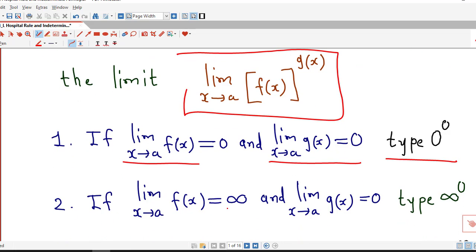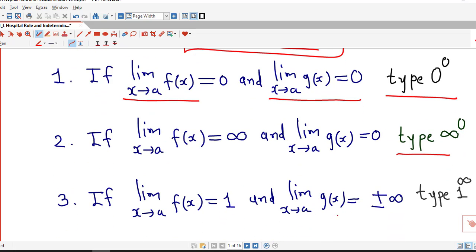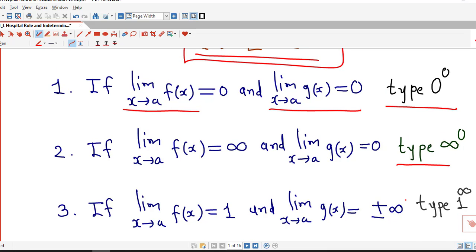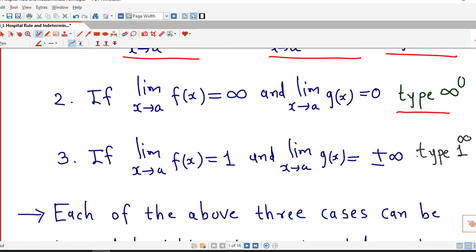If limit of f(x) is infinite and limit of g(x) is 0, then it is of type infinity to the power 0. And if limit of f(x) is 1 and limit of g(x) is either infinity or minus infinity, then we have the indeterminate form of type 1 to the power infinity.